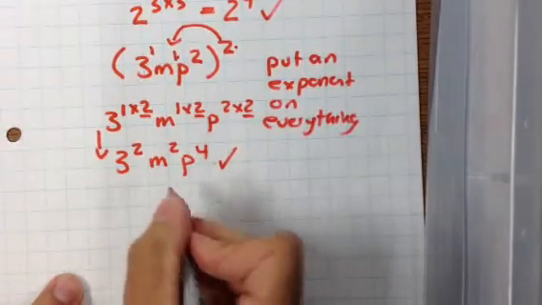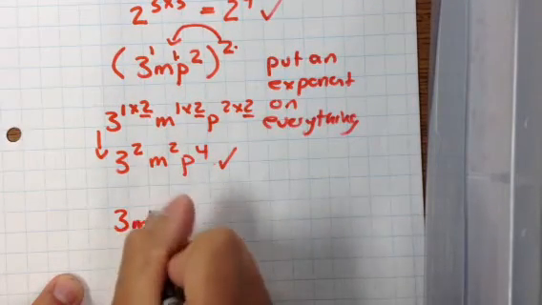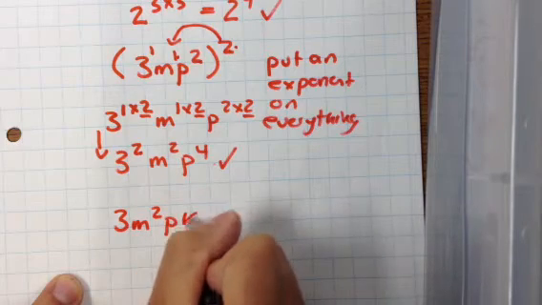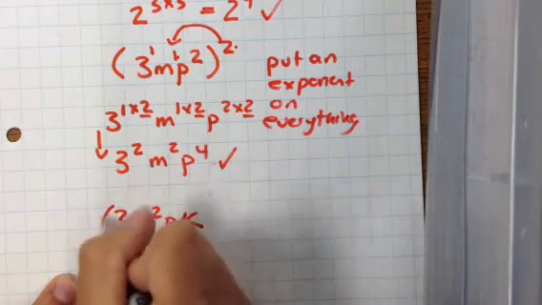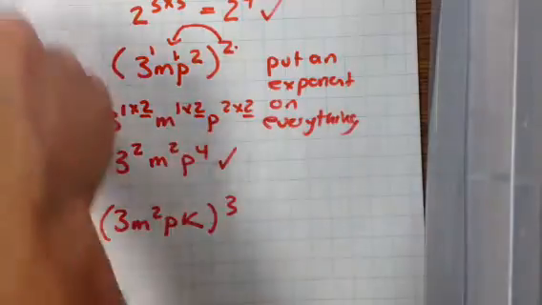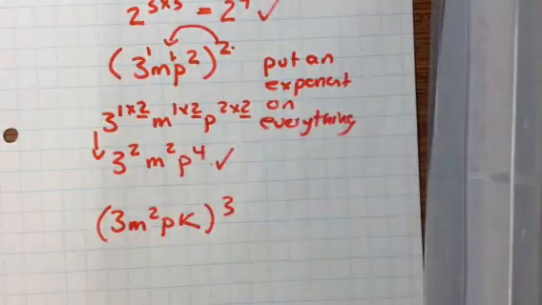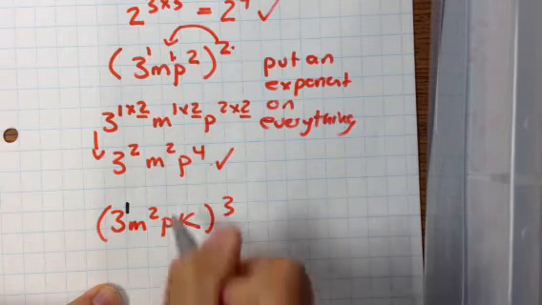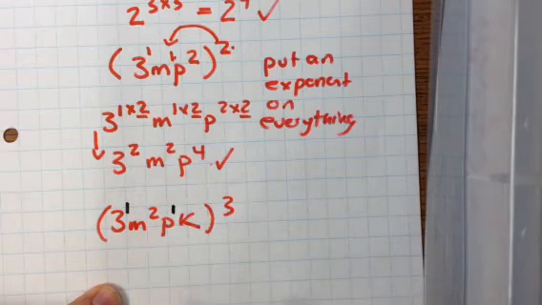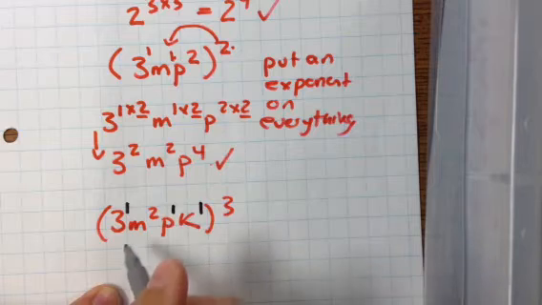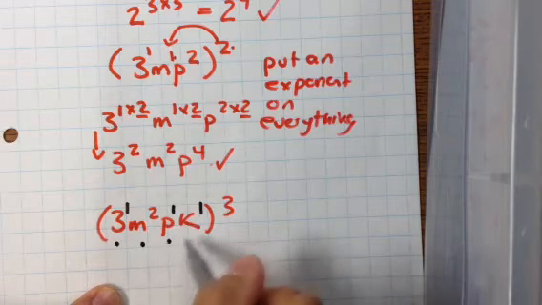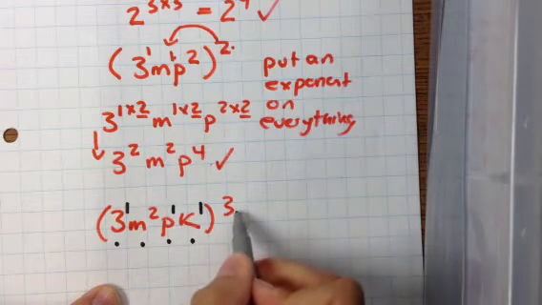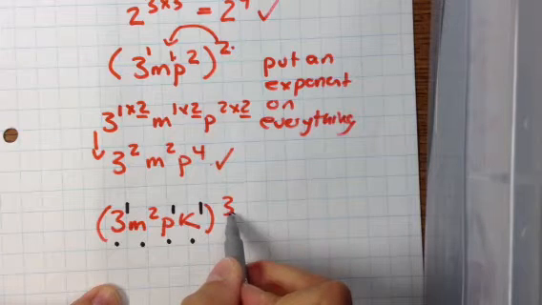If you looked at something like 3m squared pk and you raised it to the power of 3, I'm just going to change color pens here, and I'm going to remind myself that there's really a 1 on that 3, there's really a 1 on the p, and a 1 on the k. So I have 1, 2, 3, 4 things that are all going to multiply with the outside exponent.